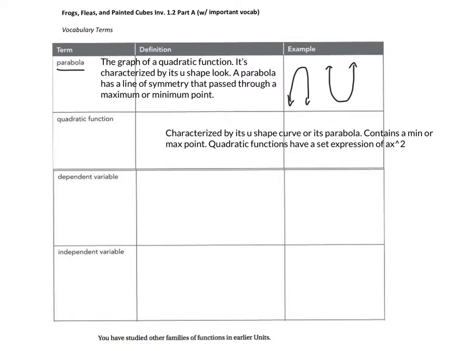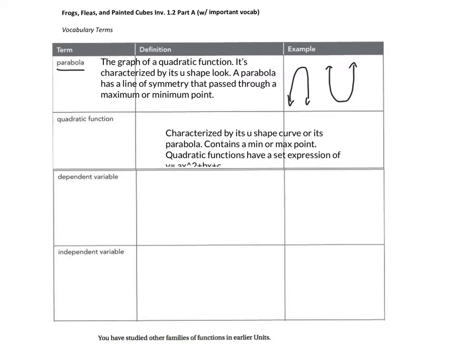So it's AX squared plus BX plus C, right? So it's a set expression of Y is equal to AX squared plus BX plus C.